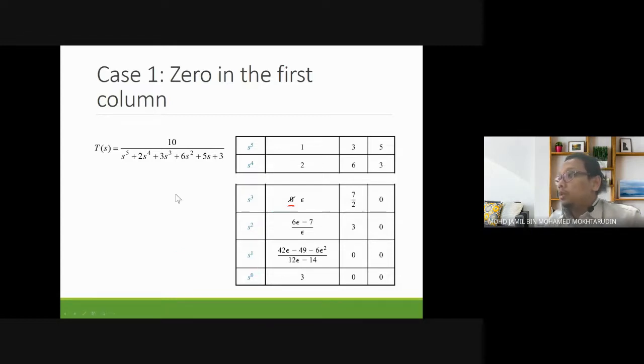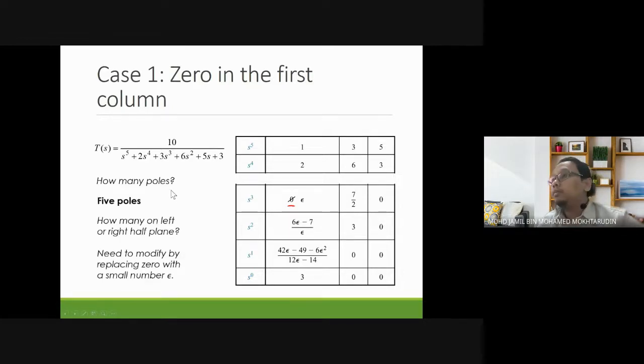So here what the method does is modify the value 0 by replacing it with a very, very small number represented by the symbol epsilon.